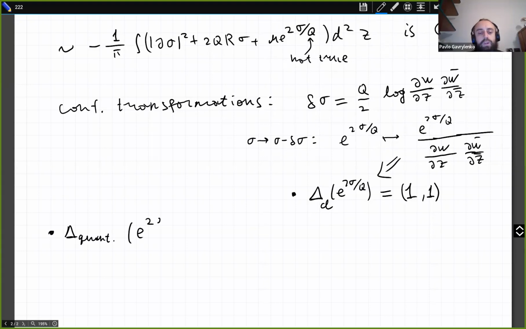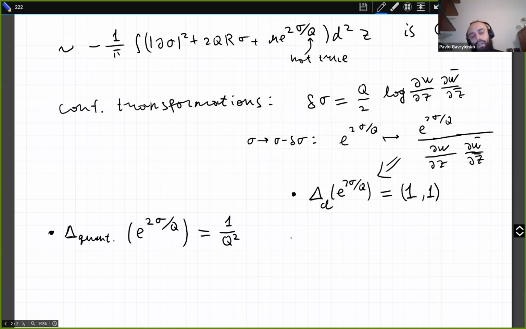It depends on normalization, but in such normalization, this dimension equals 1 over q squared.